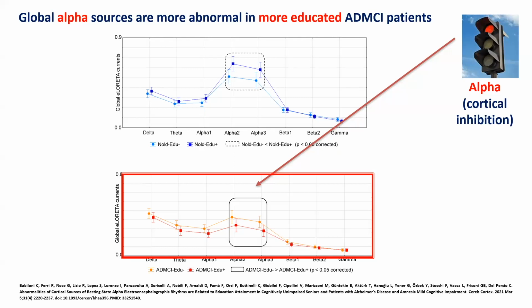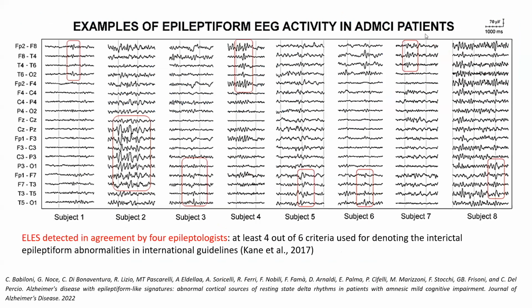A final experiment was focused on recognition, detection of epileptiform activity in Alzheimer's disease MCI patients. And here you see 8 Alzheimer's disease MCI patients showing some kind of epileptiform activity in the resting state, eyes closed EEG activity. They fit 4 out of 6 criteria for interictal epileptiform abnormality.